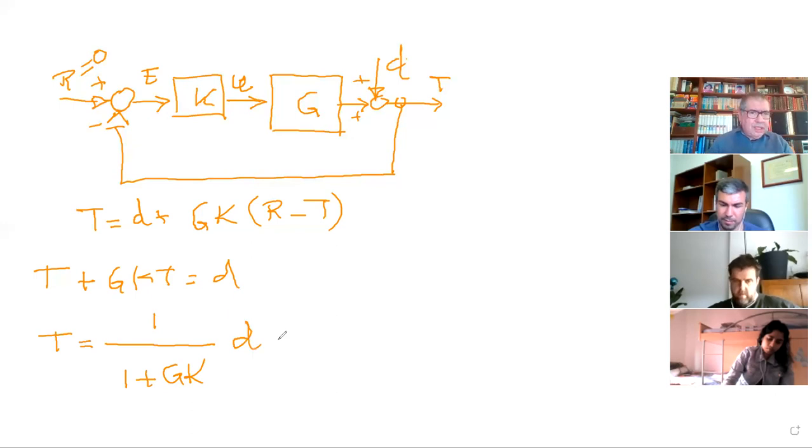So how do you design K such that you want to have T insensitive to D? D changes, but T does not change. So how do you select your gain K?